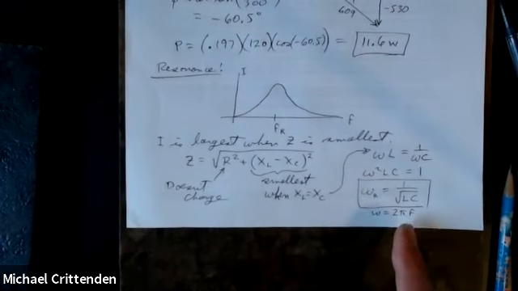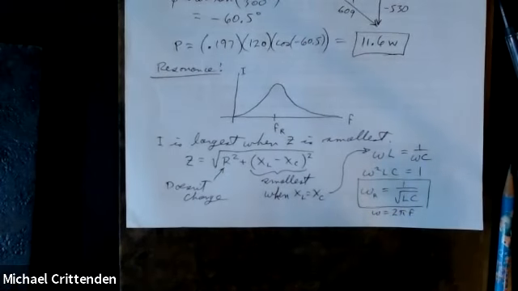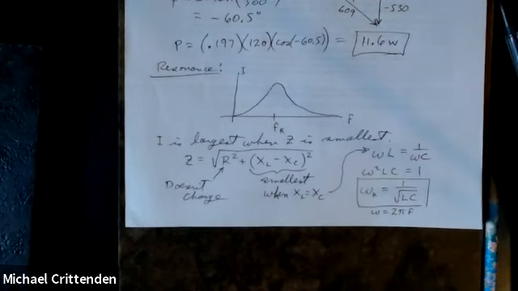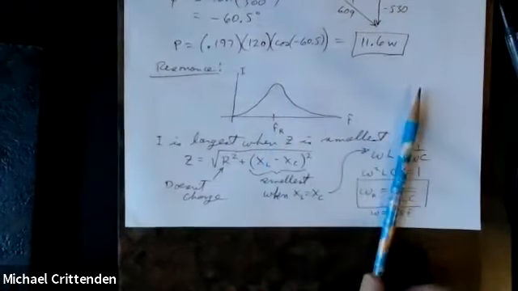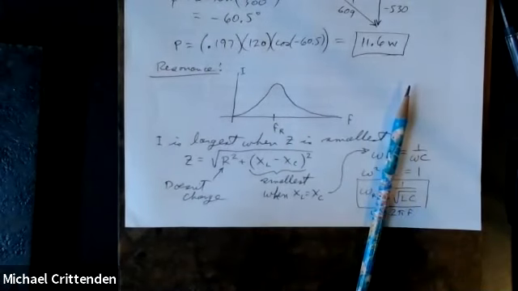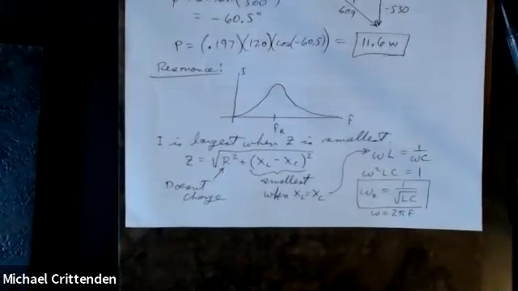Well, now we find that if you have driven oscillations, you have a source of alternating voltage that you apply to the thing, that this is the frequency that makes it resonate. And that this is true of resonance in general, whether it's a circuit like we're talking about now.